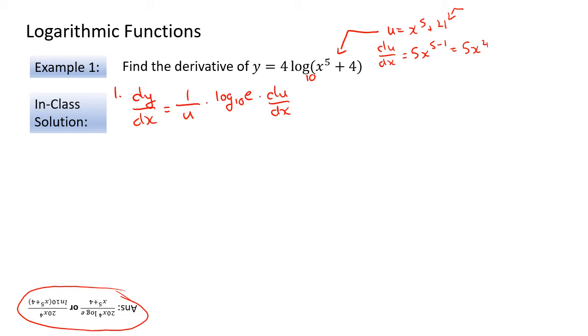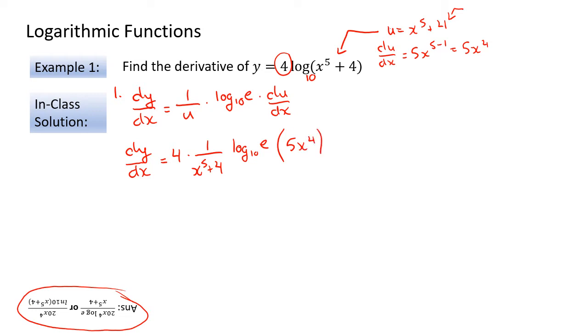So we have everything here to simply solve this. So dy by dx is equal to, in this instance, what I forgot to note here is you also have that number 4. So it's simply 4 times 1 divided by u, or 1 divided by x to the 5th plus 4, times log base 10 of e, times du by dx, which is 5x to the 4th.